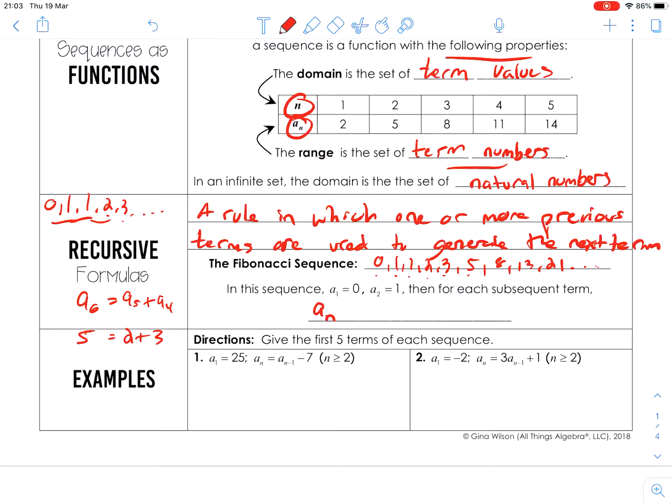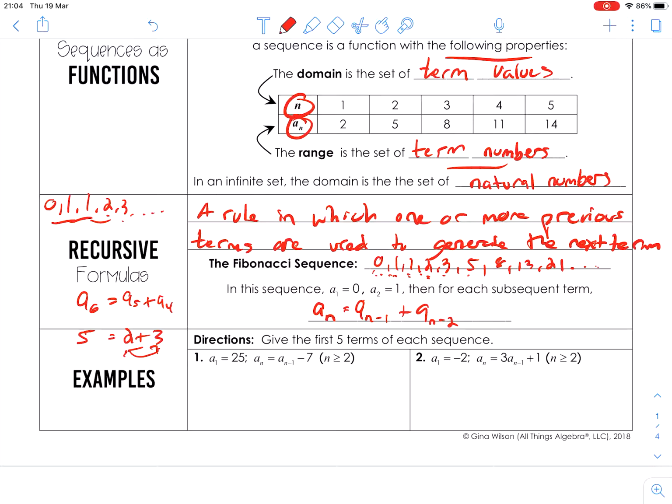A sub 5 is 3, and a sub 4 is 2. So just put them the other way. It doesn't matter; you can do it either way. So that is going to equal a sub n minus 1 plus a sub n minus 2.